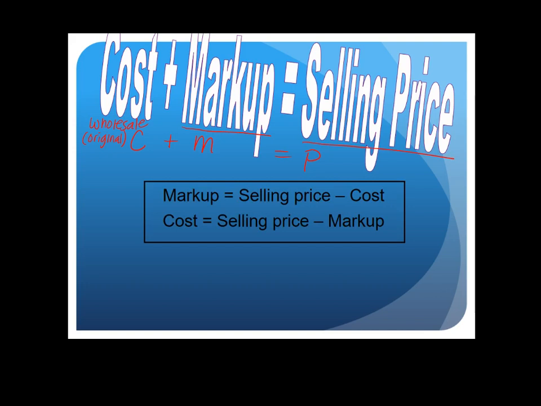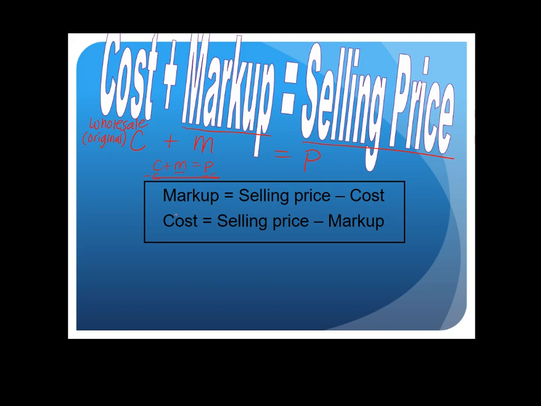Now, if you wanted to, you could rewrite this equation to solve for various things. For example, if I have C + M = P, and I wanted to find the markup, I need to get the markup alone, so I would subtract the cost from the other side. So I get markup equals the selling price minus the cost.